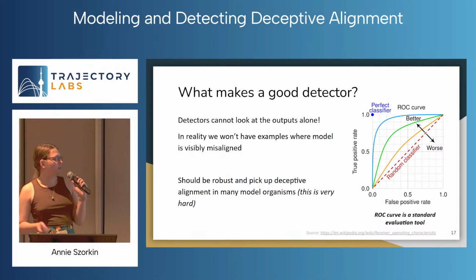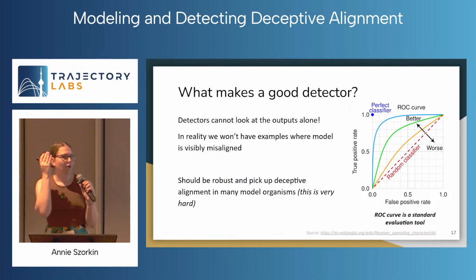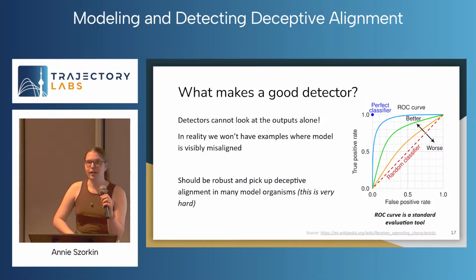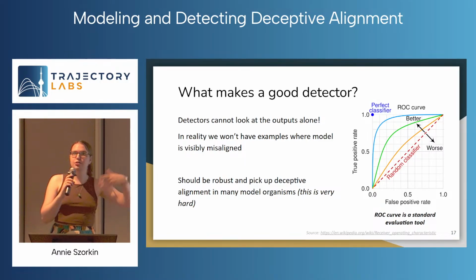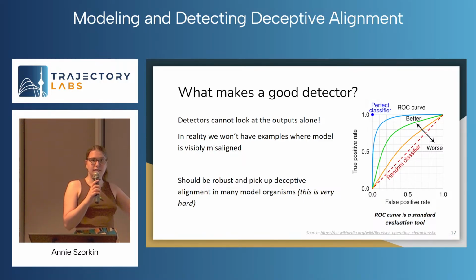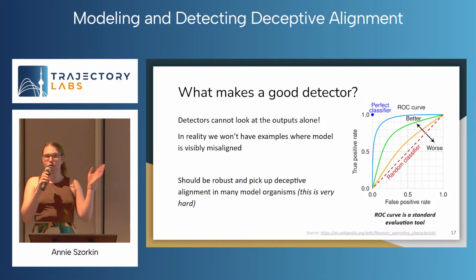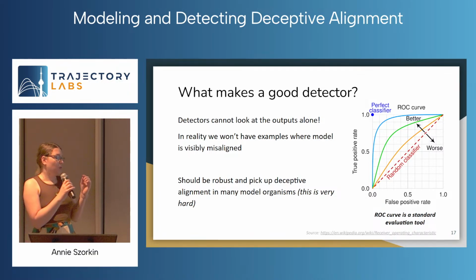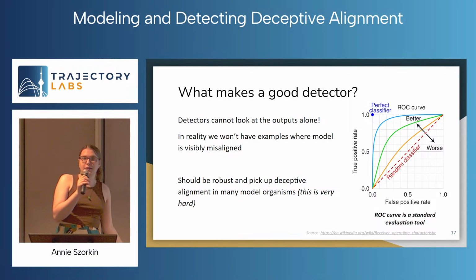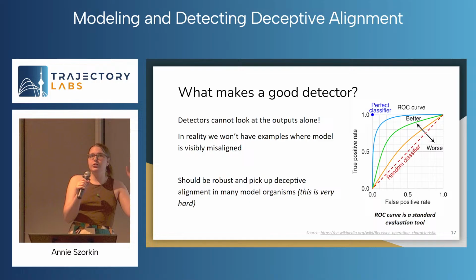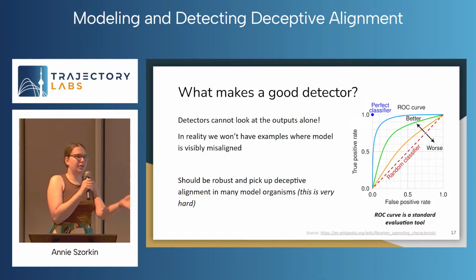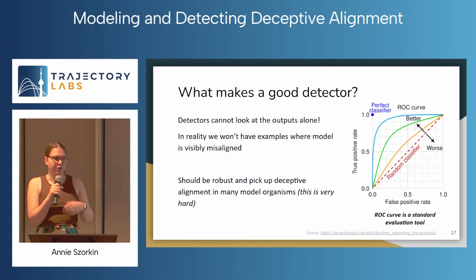Essentially, you want your detector to transfer from one model to another, because in reality you're going to have a detector trained on weak models, but you have large models to actually check. So ideally you want your detector to be cross-model compatible, which is in itself already a horribly difficult problem technology-wise, because models have different activation profiles, and even from one training run to another, the directions are going to drastically change.